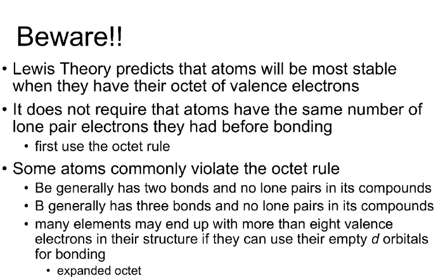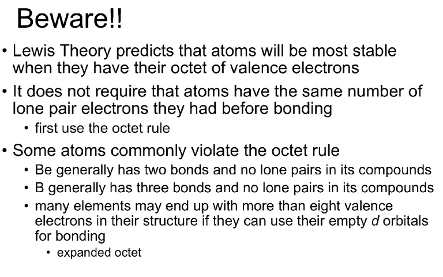All right, things to watch out for when you're working through Lewis structures. Remember that Lewis theory predicts that atoms will be most stable with the octet. It does not require that atoms have the same number of lone pair electrons that they had before bonding.